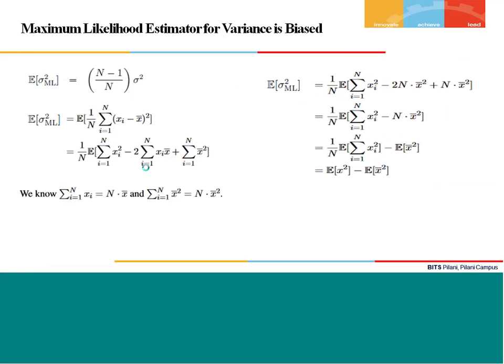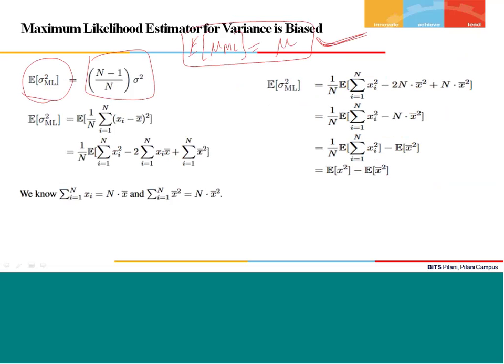Now what we are saying: what is the expected value of the maximum likelihood? When we ask for the expected value of mu, the maximum likelihood of the mean, it was the true mean, right? So the expected value of the sample mean is equal to the true mean. That is right.